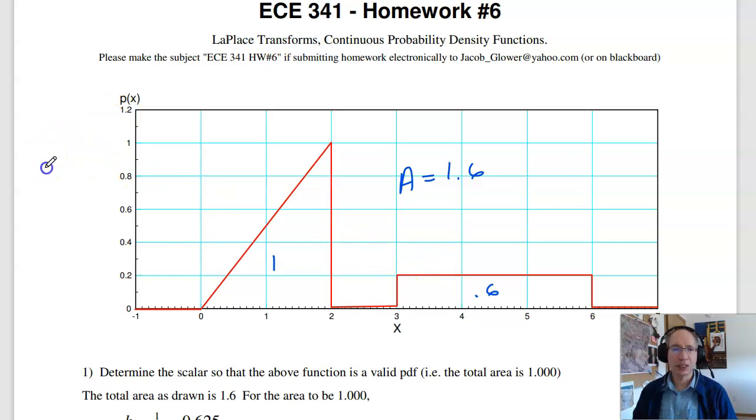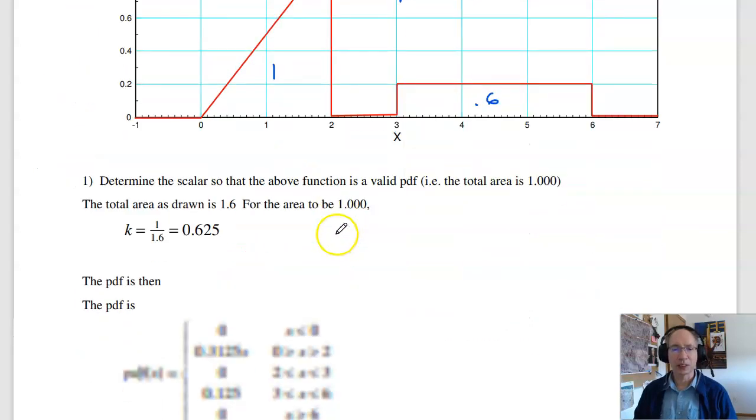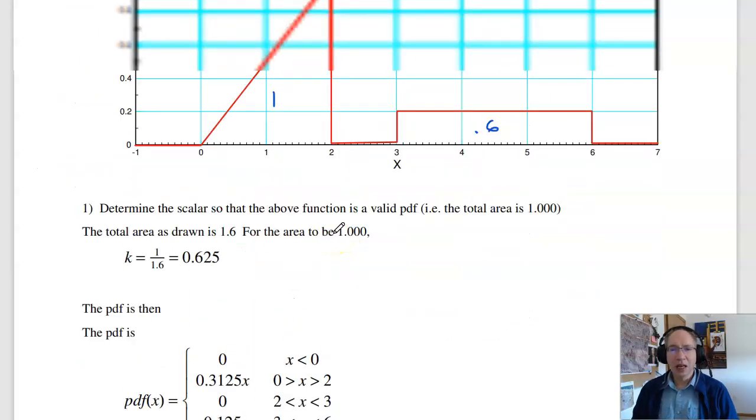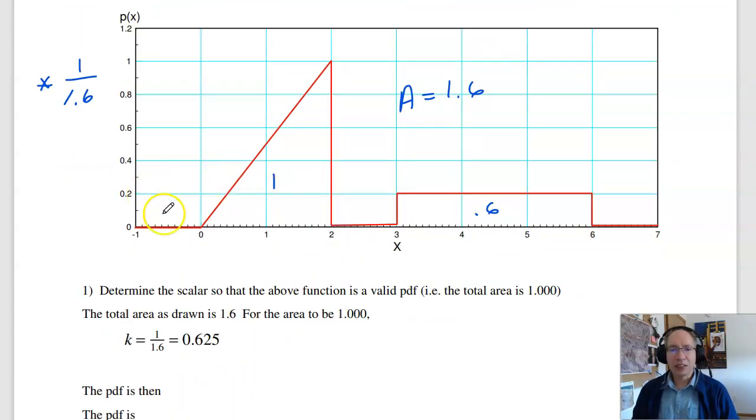So if I take the x-axis and scale it by 1 over 1.6, now the area is 1 and it's a valid PDF. So I've got to scale this by 1 over 1.6. I can then represent this as a function. For x less than 0, this is 0.